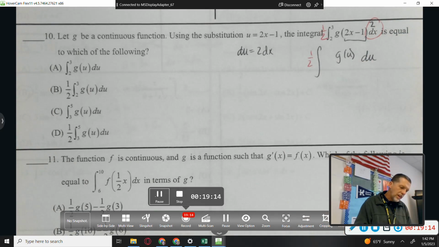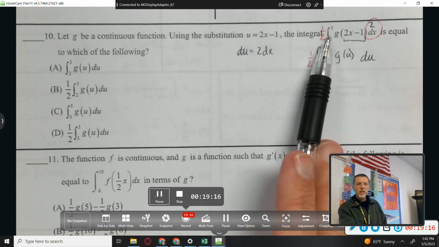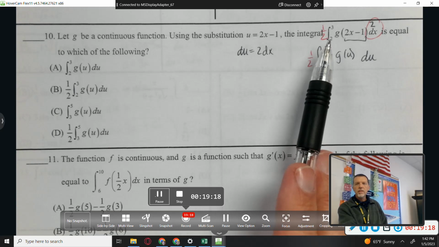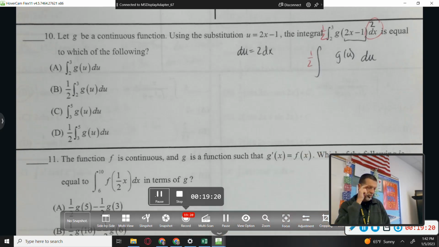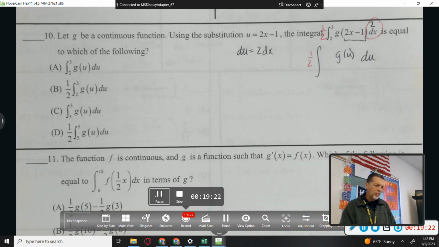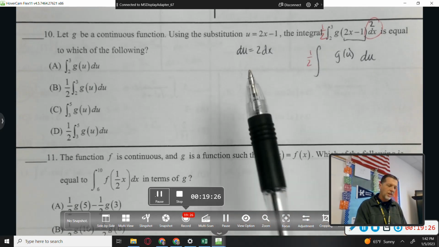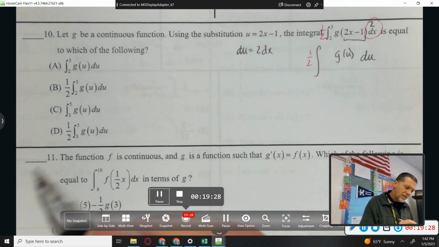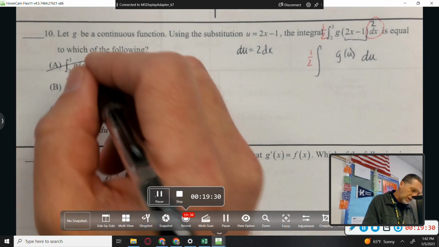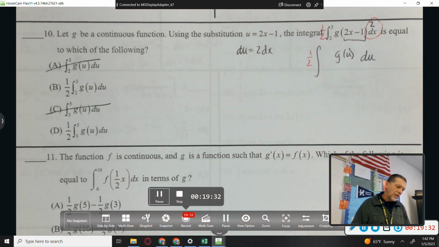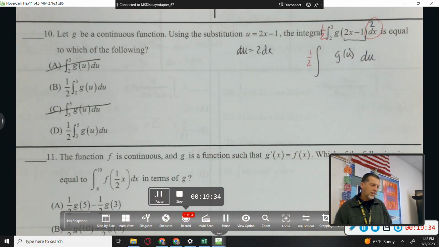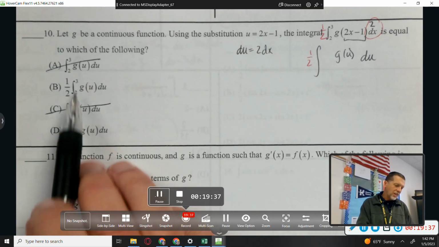And then I just need to switch the limits from x limits to u limits. So actually this wasn't as bad as I thought it was going to be. It looks ugly the way it's written, but you start plugging things in and it's not too bad. In fact, I'm already down to b and d. And b didn't switch the limits, so I'm guessing it's not b, it's probably d.